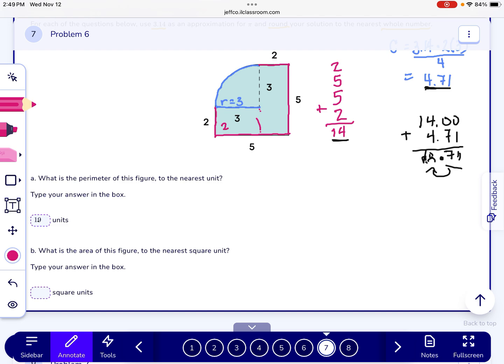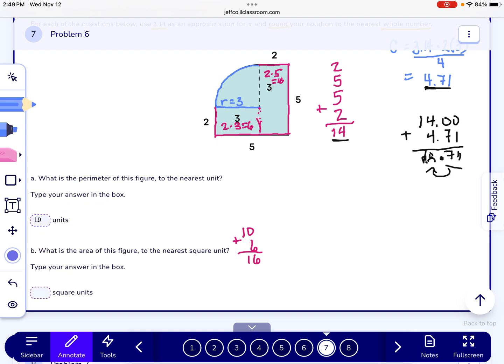So this piece is 2 times 3. 2 times 3 is 6. And then the longer one right here is 2 times 5, which is 10. So the area for the squarish piece is 16 square units.